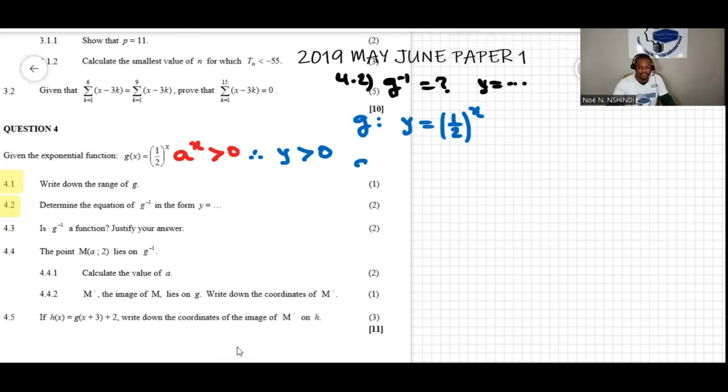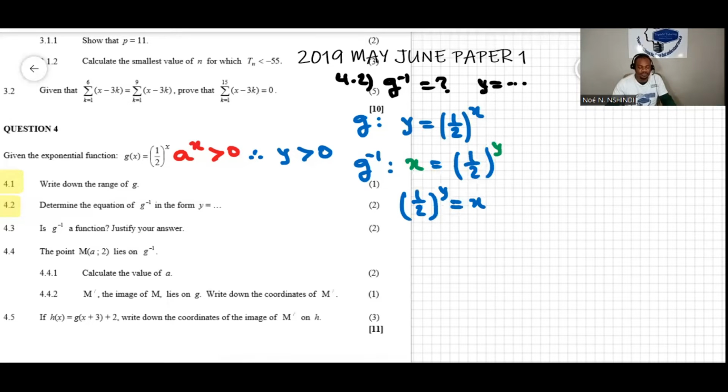Now, g minus 1 is when we will reverse the variable. We're going to switch the variables, x and y. So this becomes x equal to ½ to the power of y. Because we're looking for y, I prefer to keep my unknown on the left, so I can write ½ to the power of y equal to x.